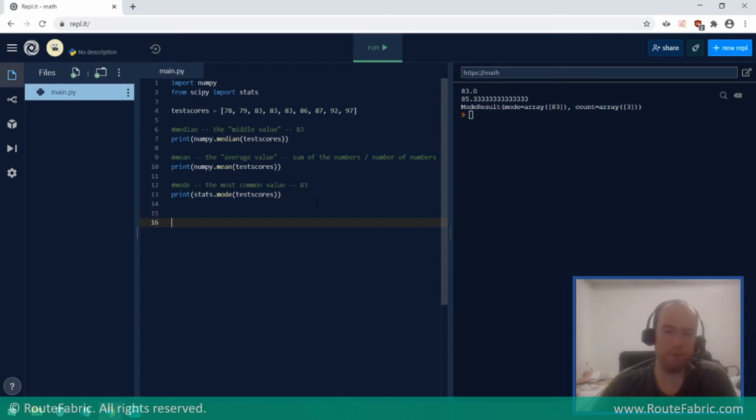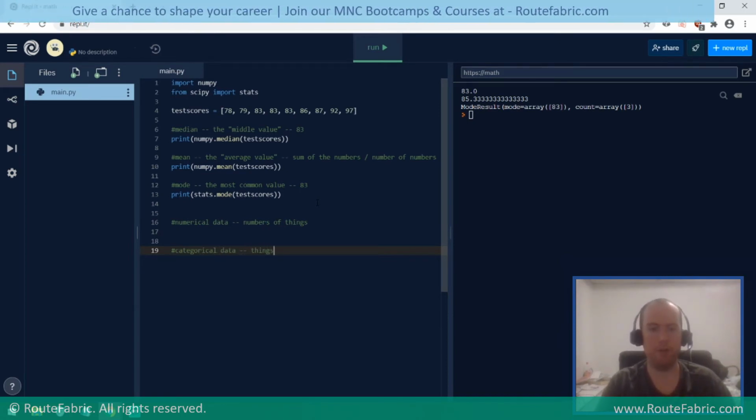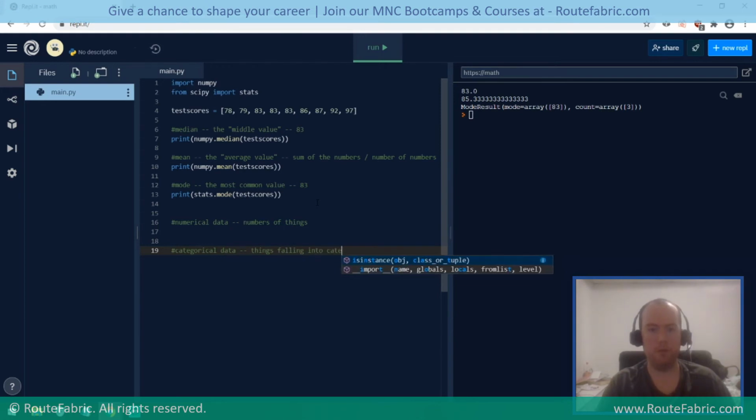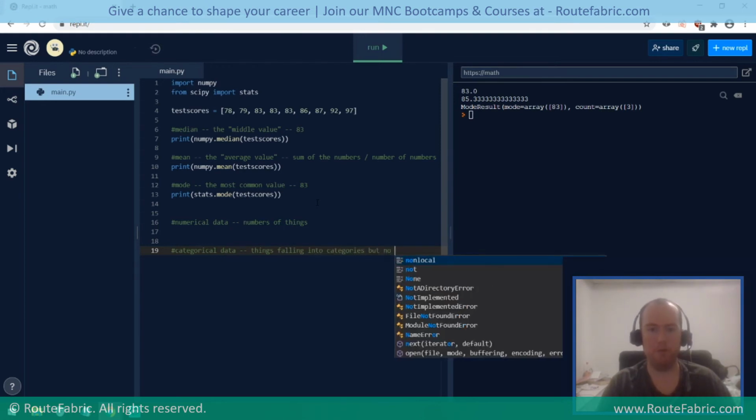And then just to review some other types of data that are important, we have numerical data, which is specifically numbers of things. We have categorical data, which is things that fall into a category, but no order.